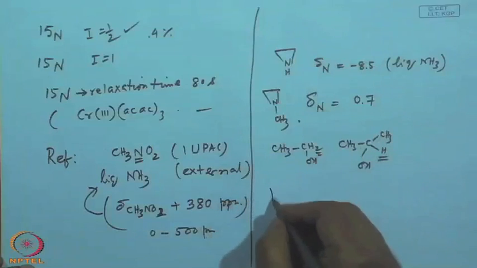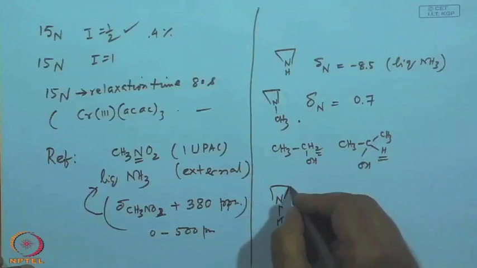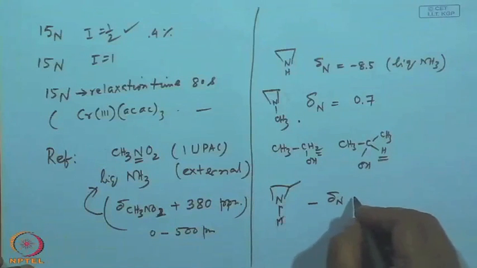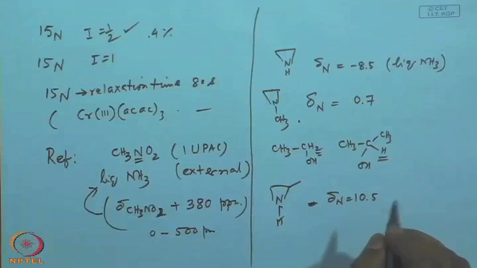For example, with a substitution at the 2 position of aziridine, delta nitrogen would be 10.5. So, delta is increasing, delta is increased again.